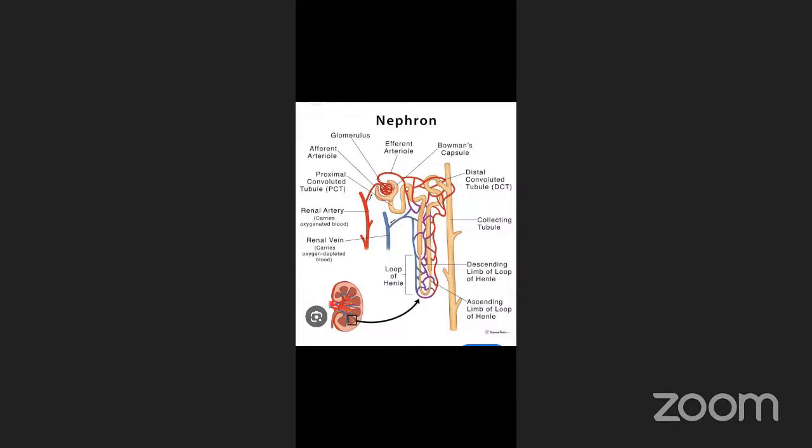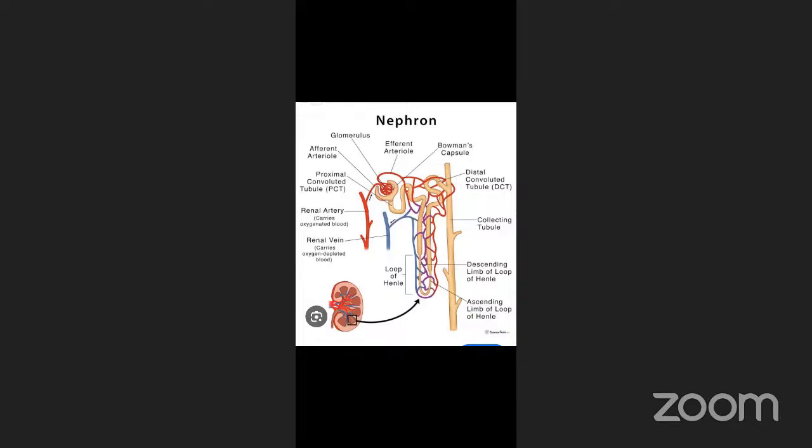Jason Mwangi says the existence of pores on the capillary walls and wall of the Bowman's capsule. Ryan Tuku says the difference in the lumen of the afferent arteriole and the efferent arteriole, correct?